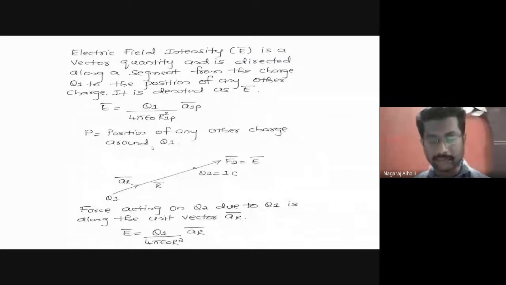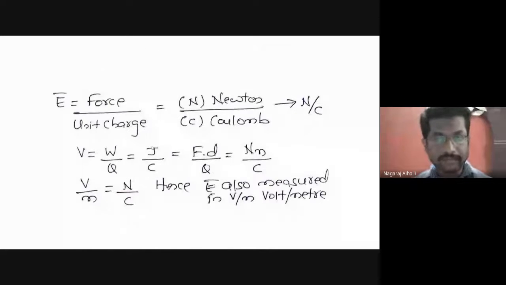I'll explain how it is. Potential is given by work done per unit charge. V is equal to W by Q. Work done unit is joules, and Q has the unit of coulombs.